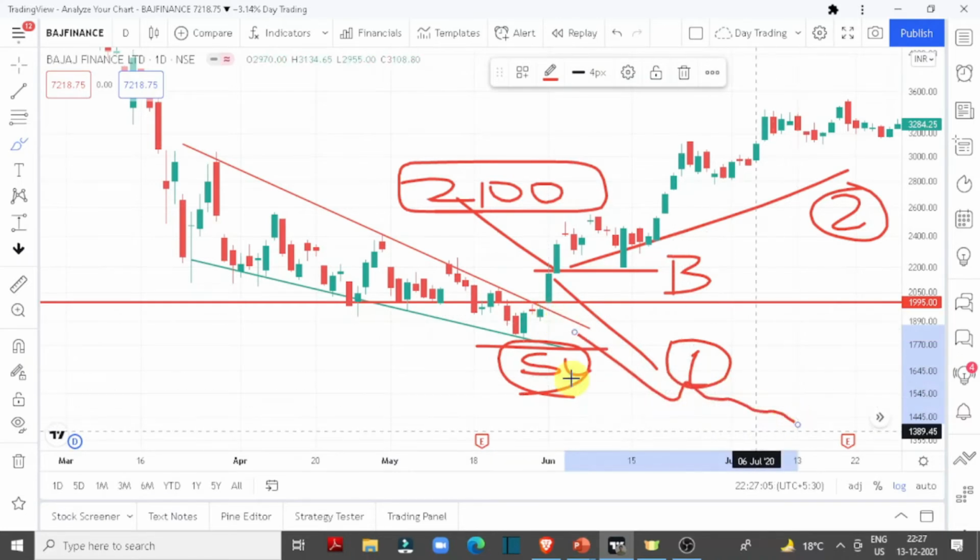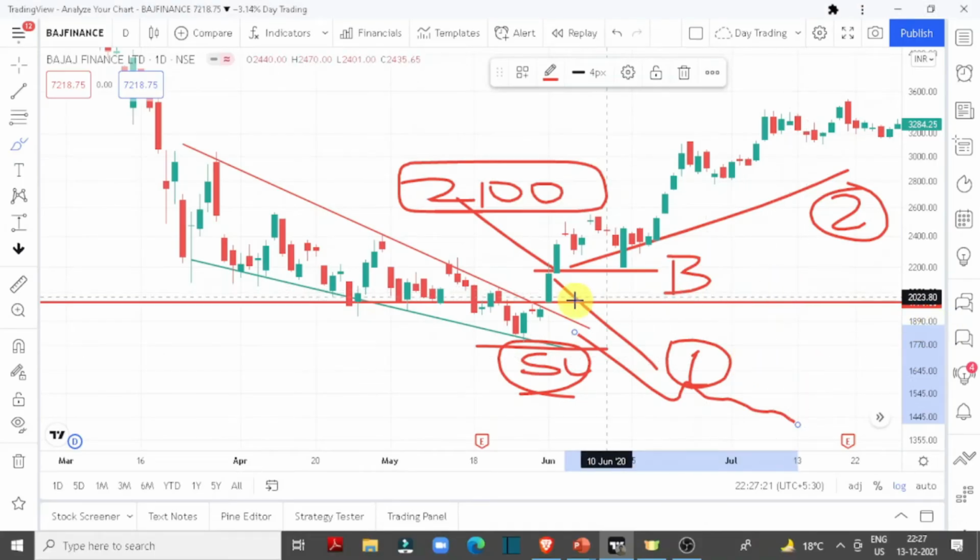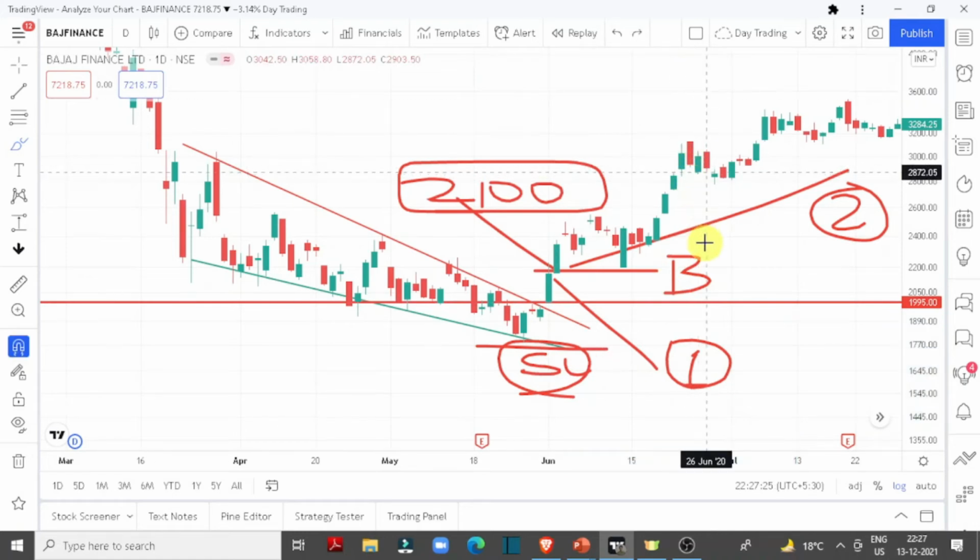To prevent further losses, I put up a protective stop order. I hope this is clear to you. To protect against losses, we use protective stops. But whenever you are in profit, you use trailing stops. In this case, you can see that the stock went up, not down.